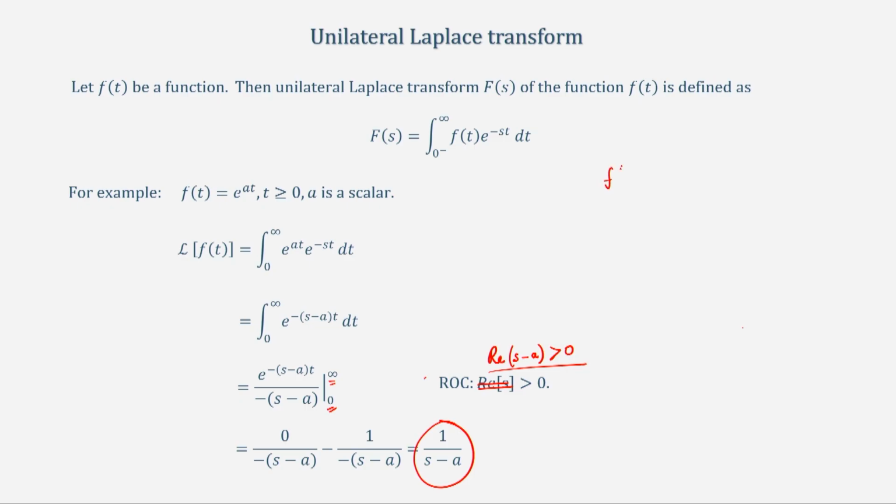So what we are getting is, if the function is e to the power of a t, t greater than or equal to 0, then F of s is equal to 1 by s minus a. Of course, we also have to write that the ROC here is real part of s minus a greater than 0.